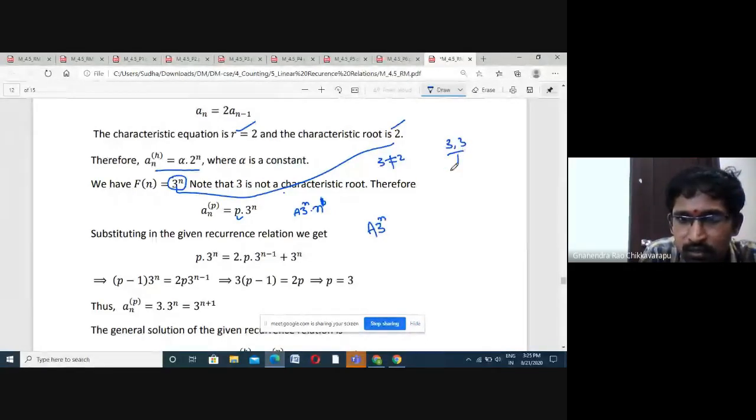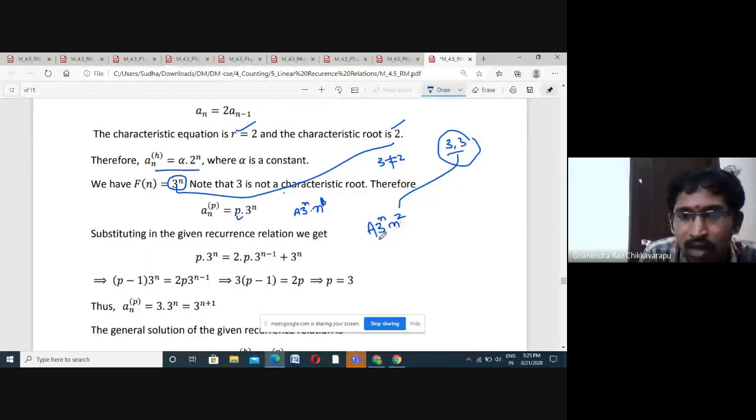In the product you need to write the number of repetitions of the characteristic root, so you need to write n^2.